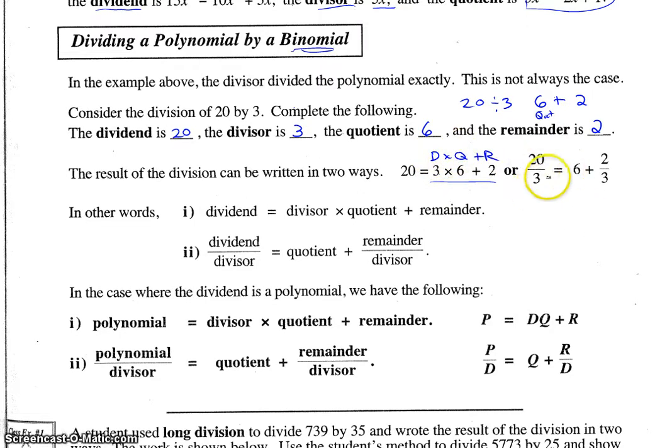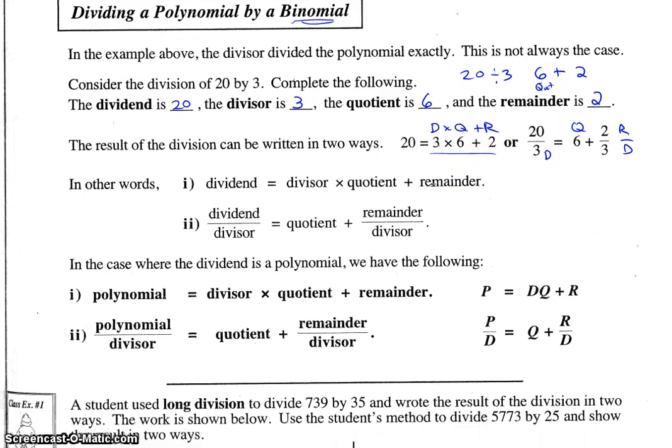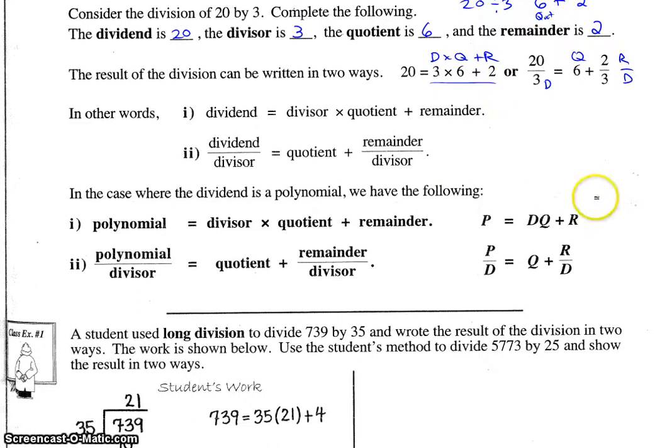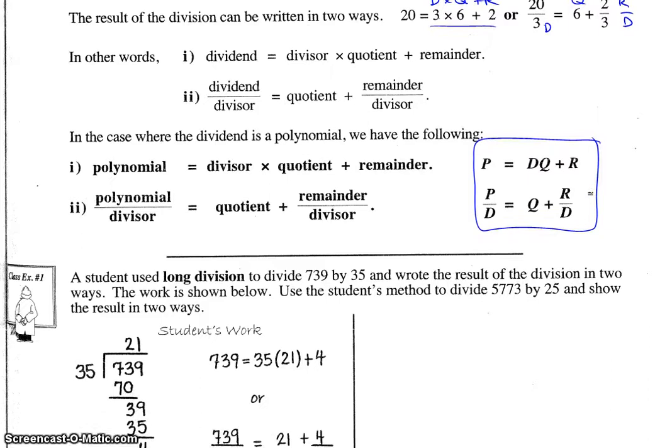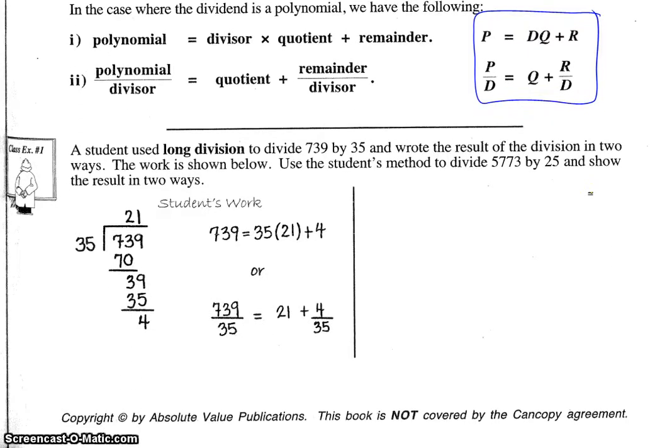Or you could write it this way: the dividend divided by the divisor equals the quotient plus the remainder over the divisor. Really, it's the same thing. You're just dividing everything by the divisor. So these two forms are a couple of forms that you're asked to present your answer in, so you need to know those.